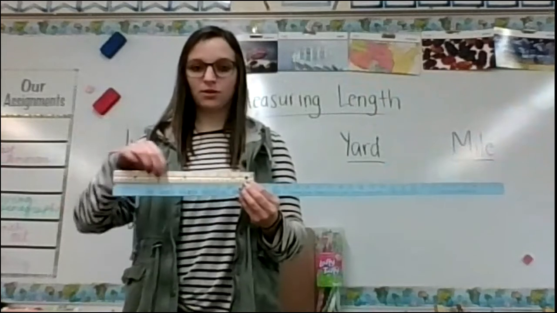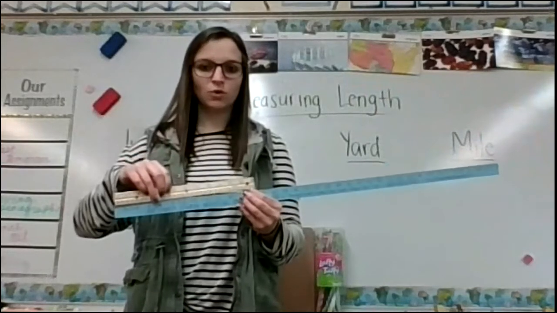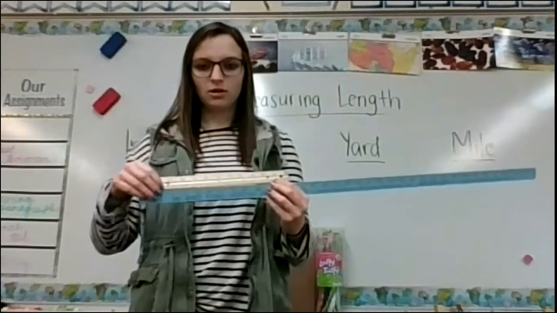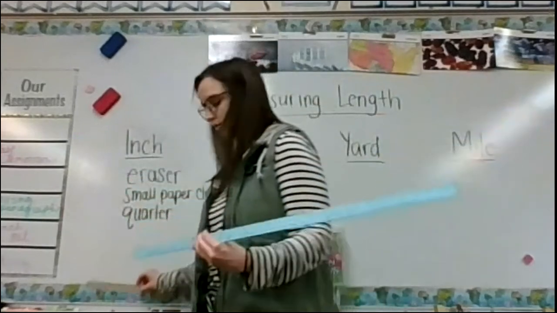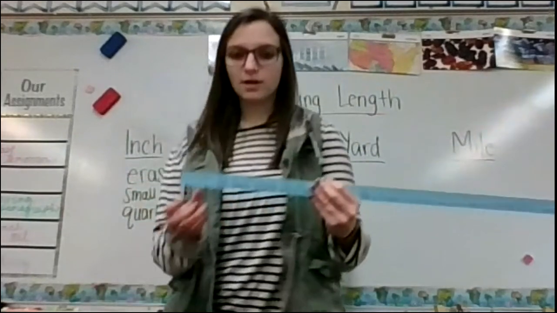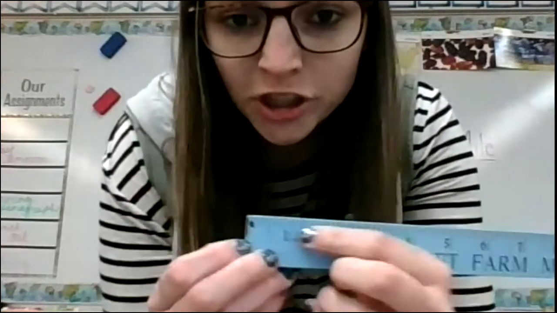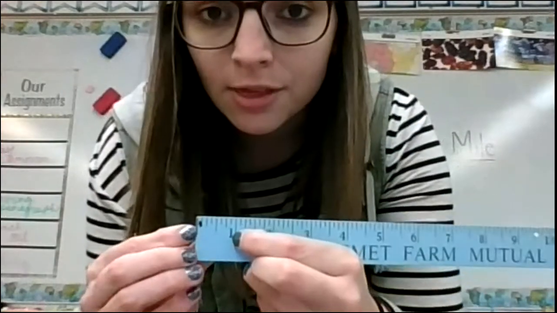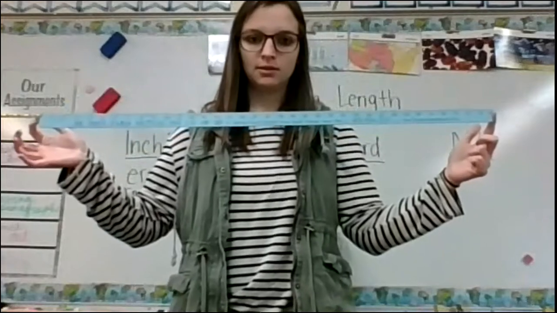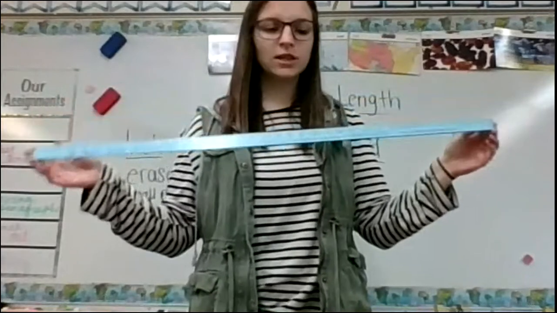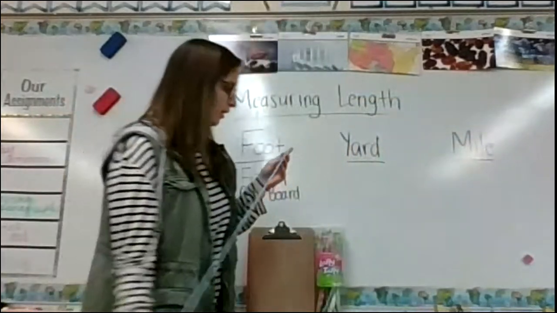So we could fit 3 of these rulers into 1 yardstick. And then, remember, inches are about this big. There are 36 inches in our yardstick. Okay, so our yard's getting a little bit larger, again, a little longer.